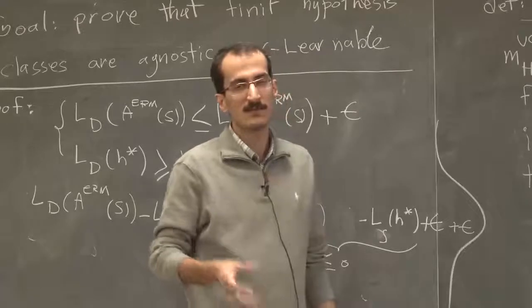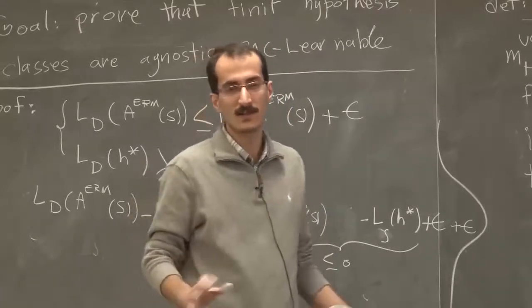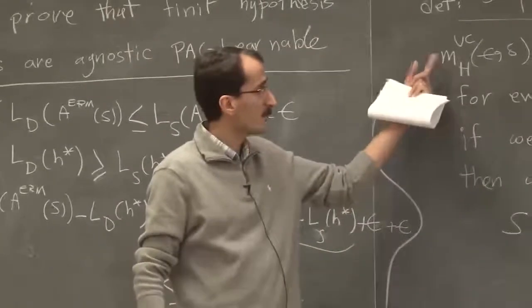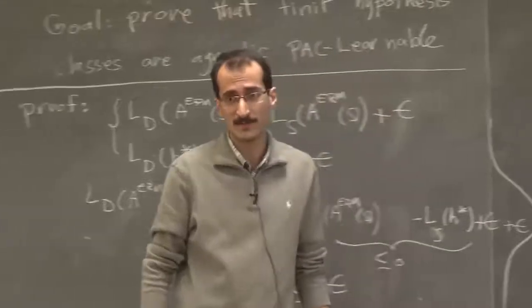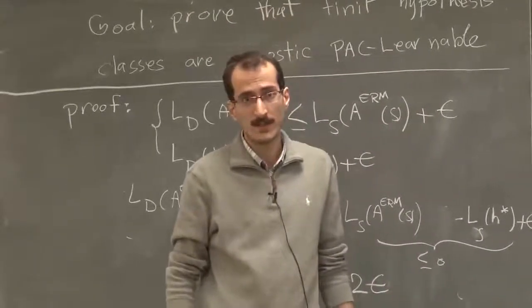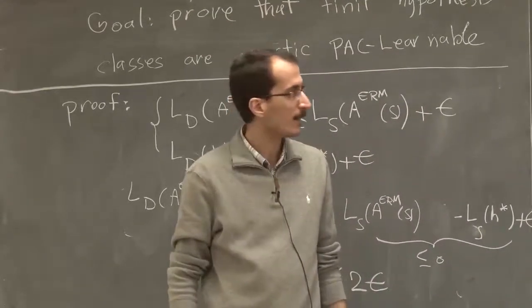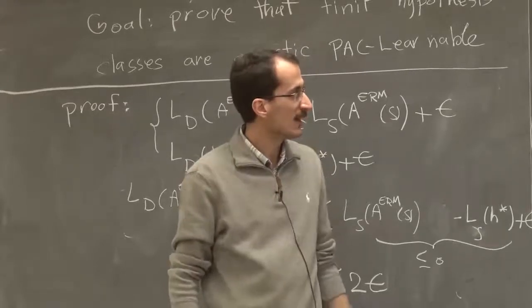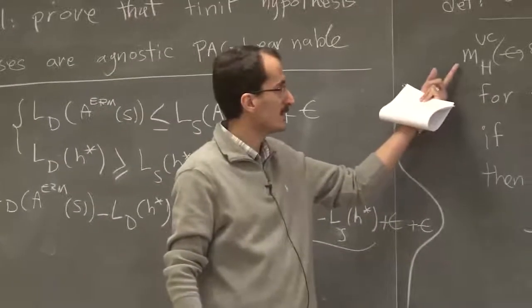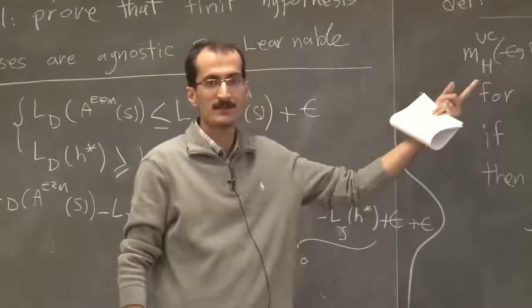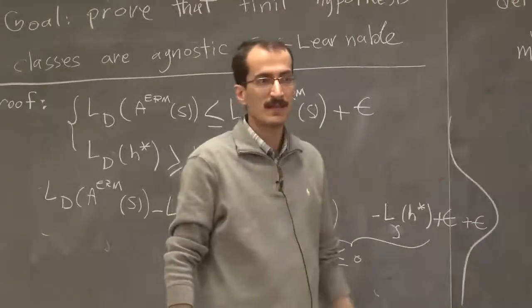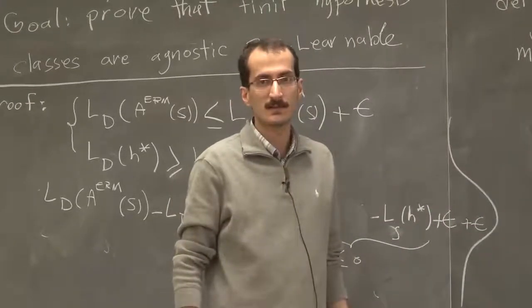You want to say if most of the time it works, then it's okay. So you have one other definition here. And so how is this sample complexity related to the sample complexity of agnostic learning?